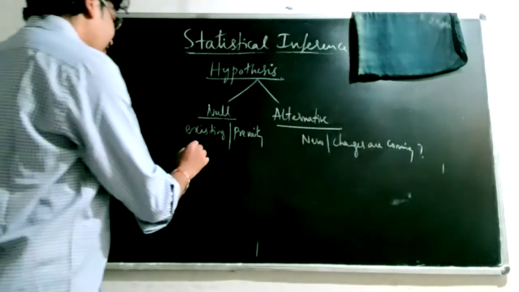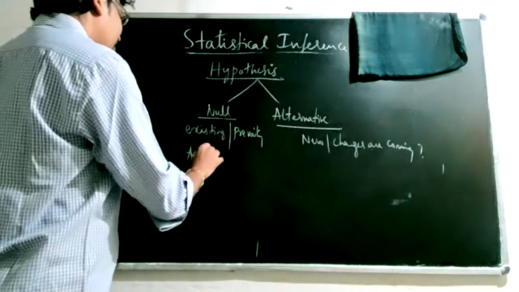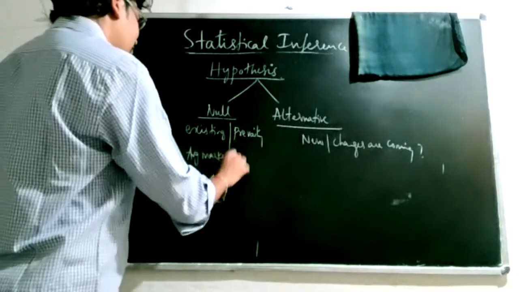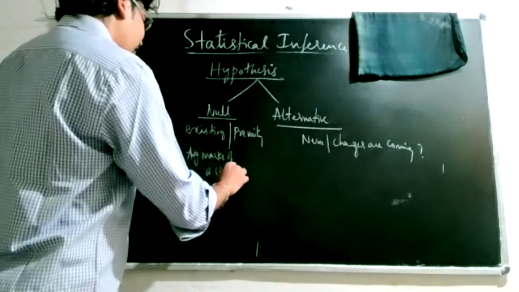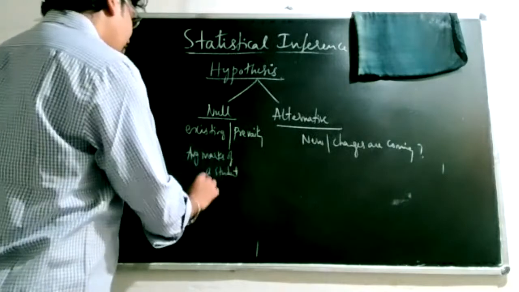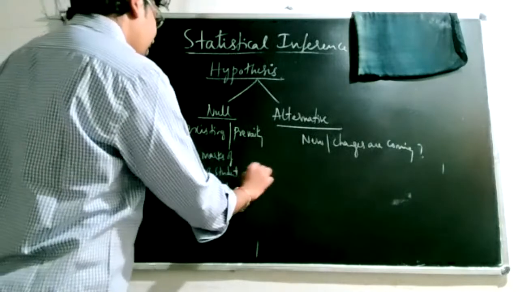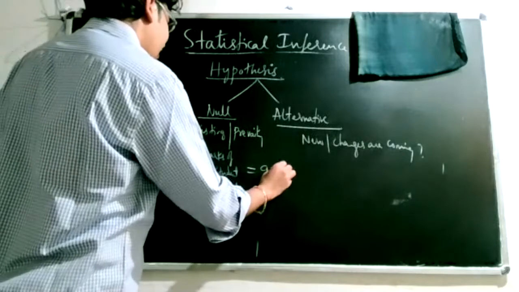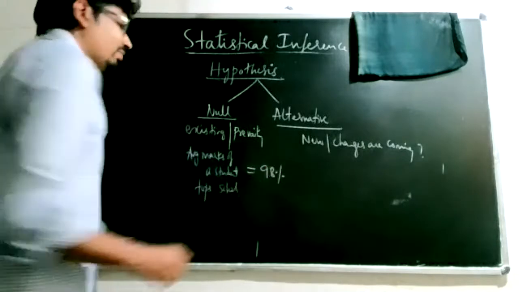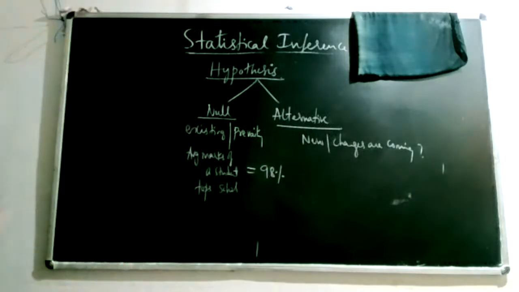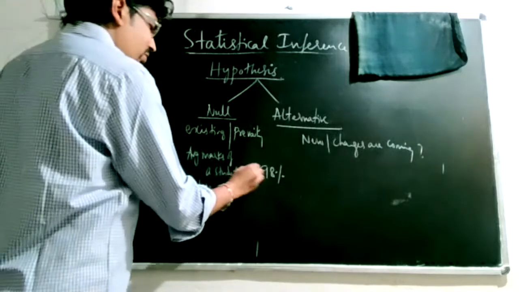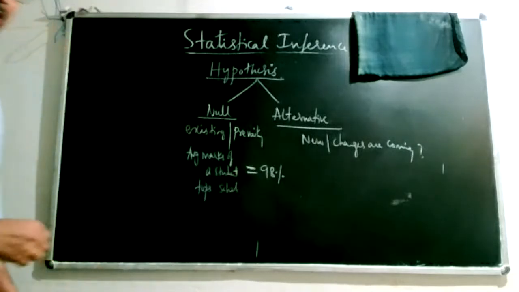Example, say the average marks of a student who tops a particular school or university or college. Till now it is observed to be say 98%. So the toppers' average till now is observed to be 98%.